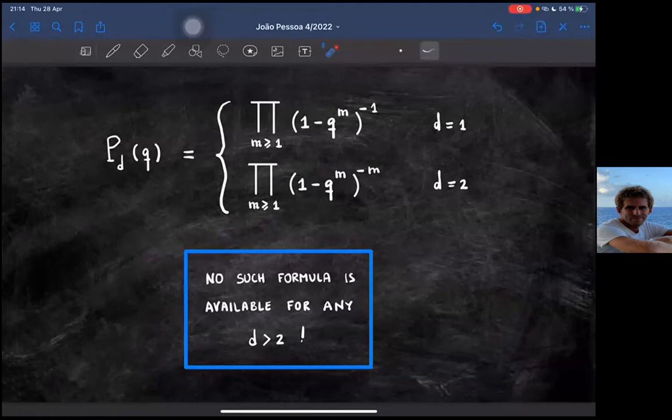There is a great deal of literature on higher dimensional plane partitions, but there is no formula as pleasant as these ones for the generating function. So this is where beauty stops.